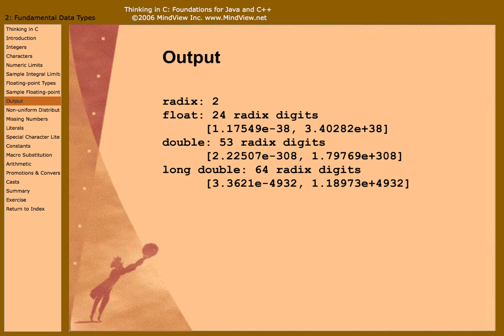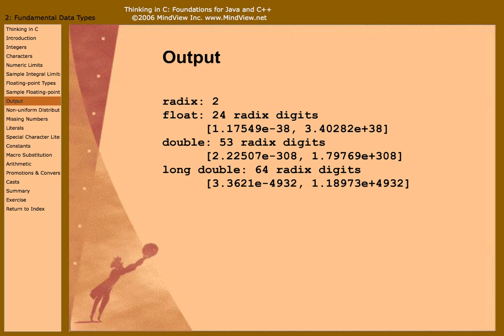So a floating point number on this system would be 24 bits times 2 to some power, where that power is in some range. The final result of that will be a floating point number in the range of 1.17549 times 10 to the minus 38 to 3.40282 times 10 to the positive 38. So that gives you the idea of the range of what you can have with a float on this system.